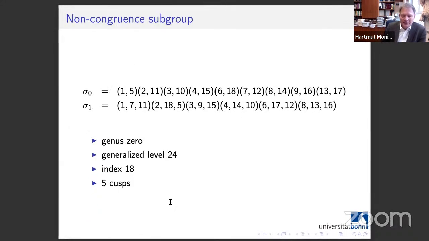Now, as a similar example, I take a non-congruence subgroup. You cannot actually see from the permutations directly if this is a congruence subgroup or not.